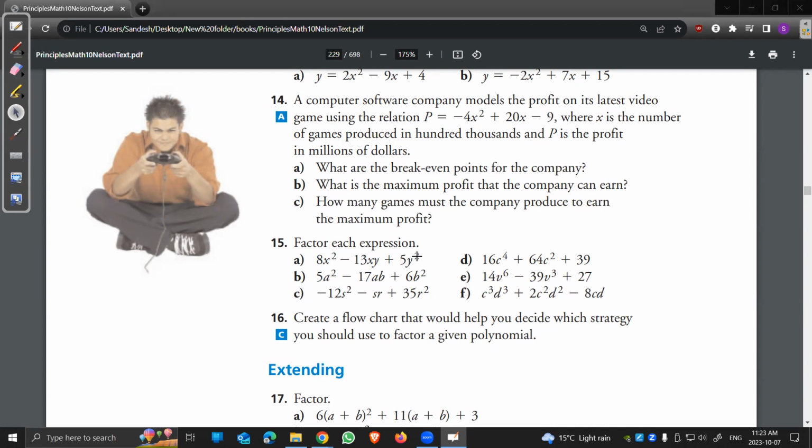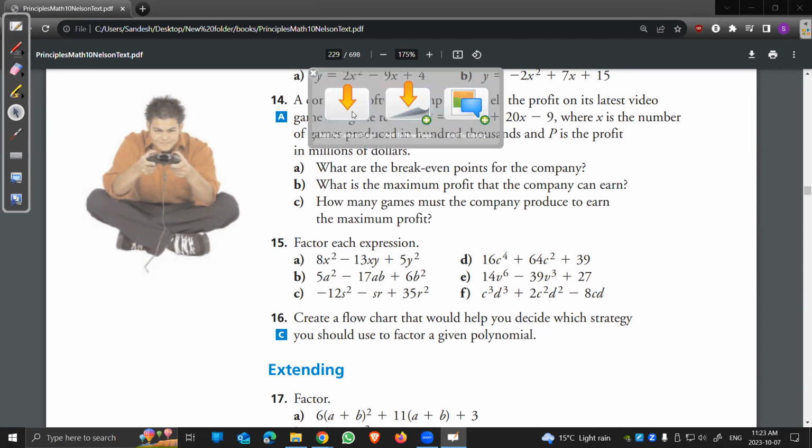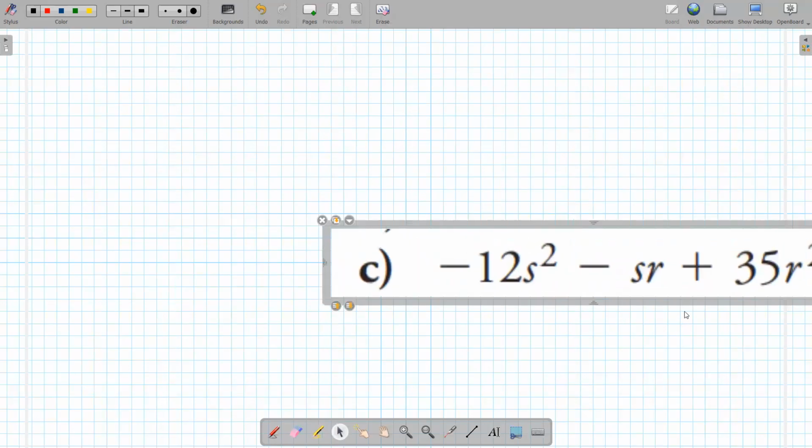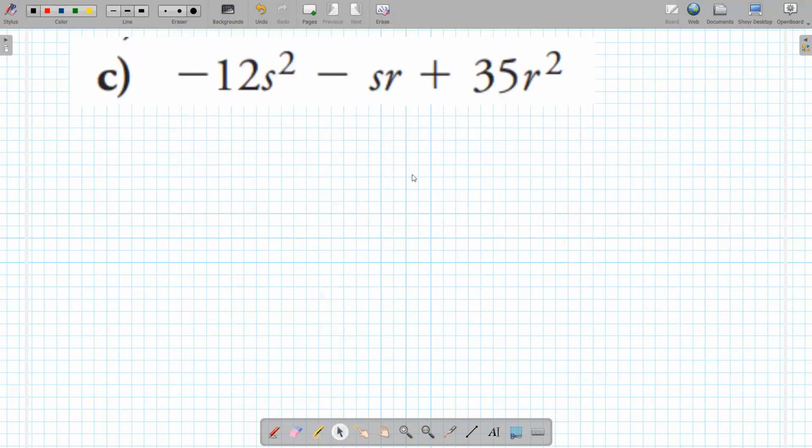Let's look at some more complicated factoring. Let's start with this one. Is this a man question?